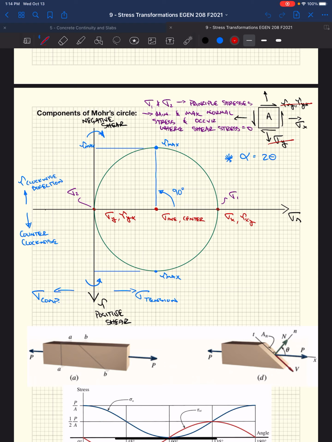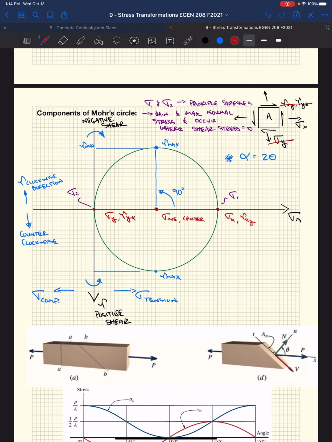Actually in the 1880s, he came up with that. And it's essentially a visual representation of the stresses at a point in our element, right? Oriented at any angle.